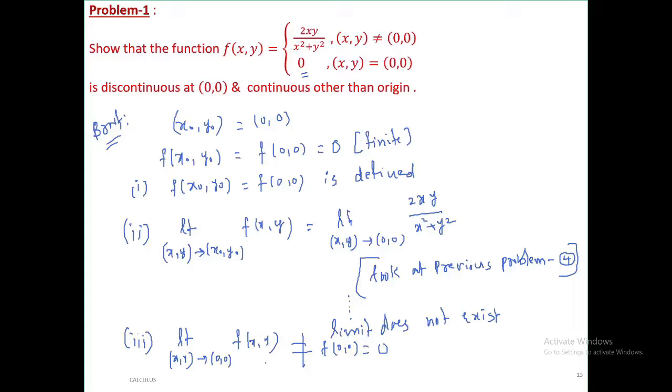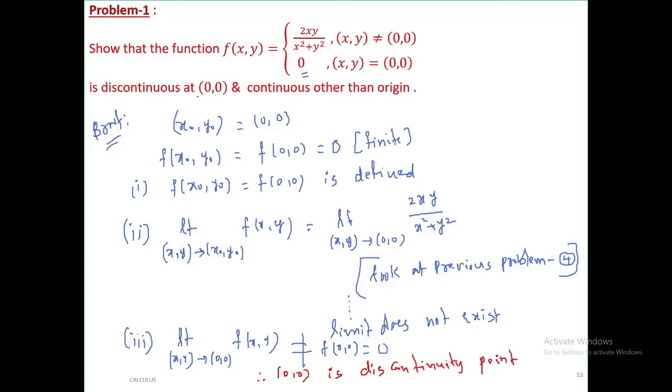It is not satisfied. Therefore, the conclusion: (0, 0) is a discontinuity point. That's what I need to prove.